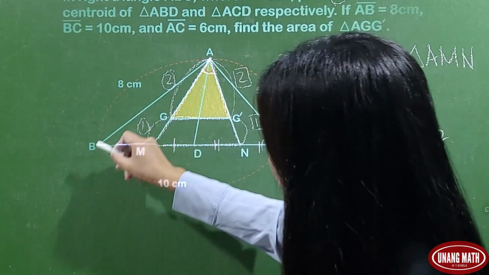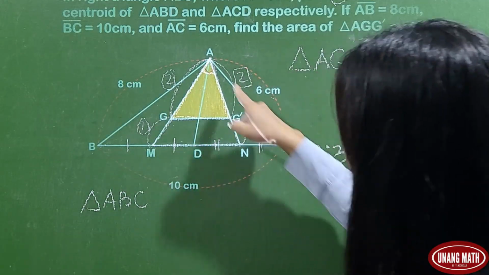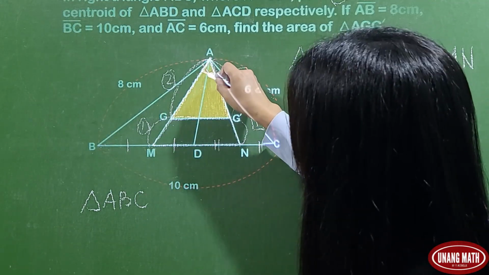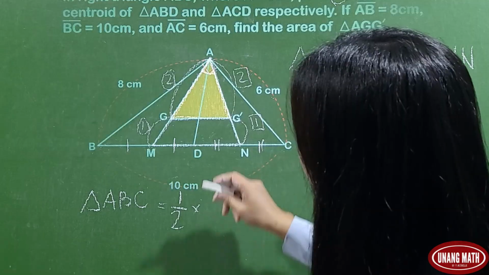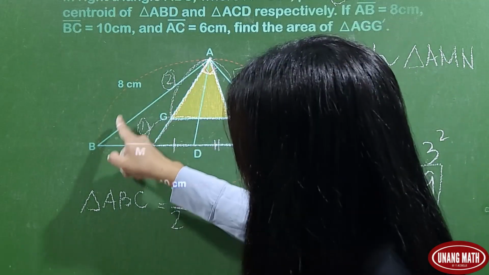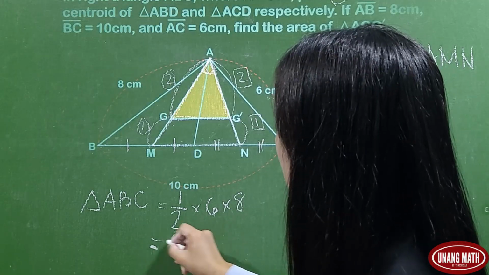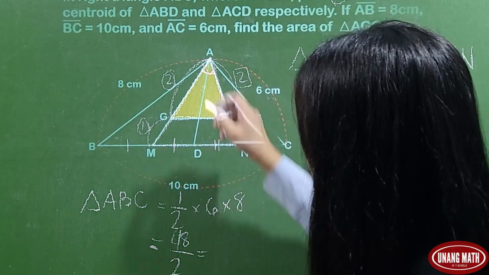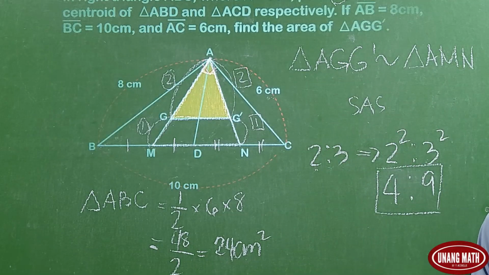So, for this triangle ABC, if we are going to get the area, take note this is a right triangle. So, it's going to be 1/2. Let's use 6 centimeters as the base, 6 times the height, which is 8 centimeters. So, this is equal to 48 divided by 2. So, the area of triangle ABC is 24 square centimeters.